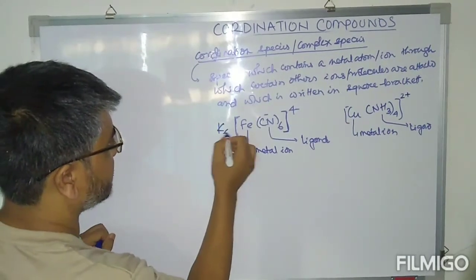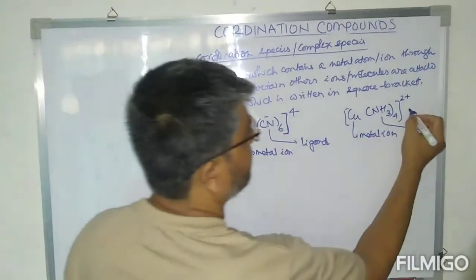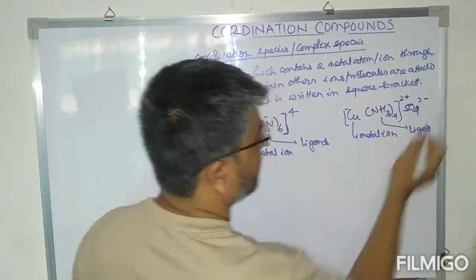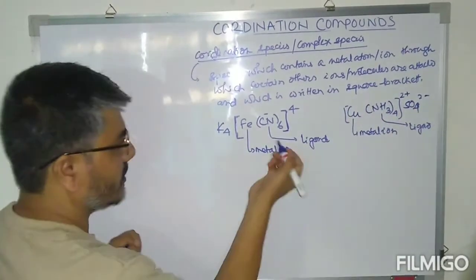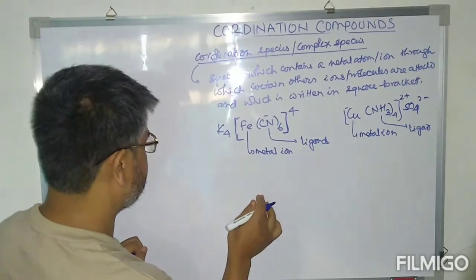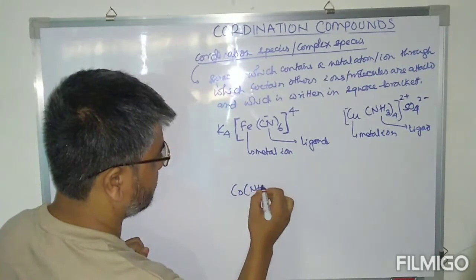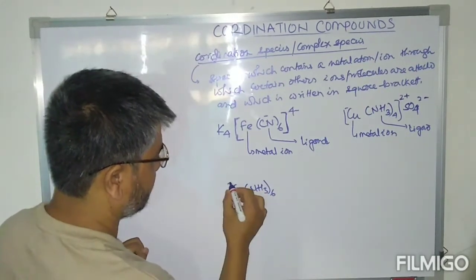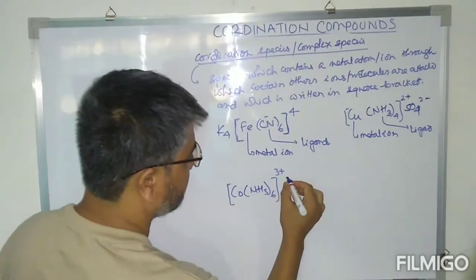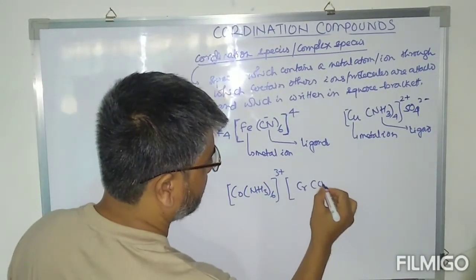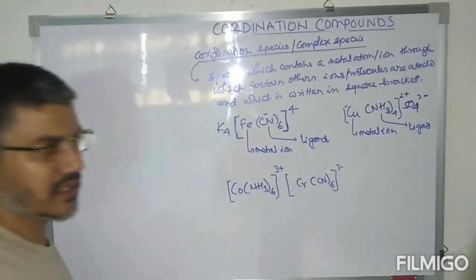So if you look at this, we have simple cation, complex anion; complex cation, simple anion; and complex cation and complex anion.